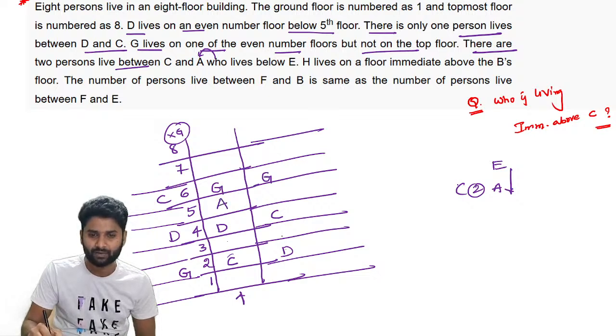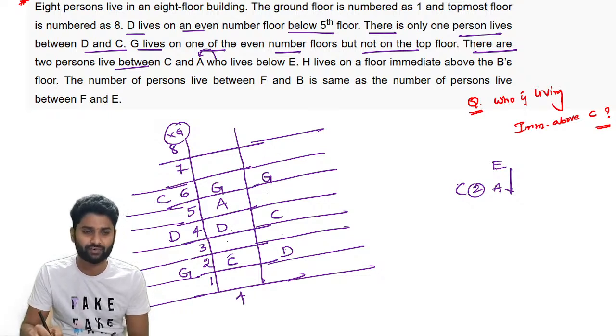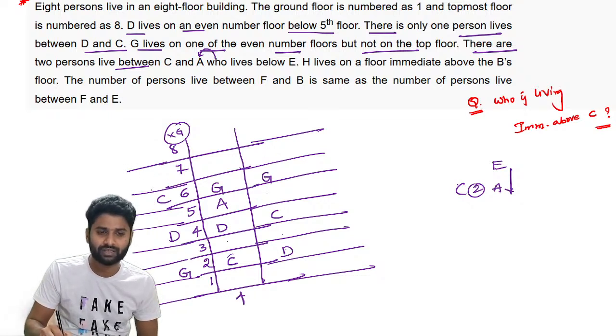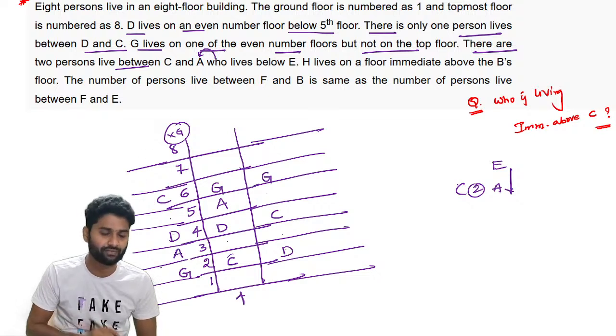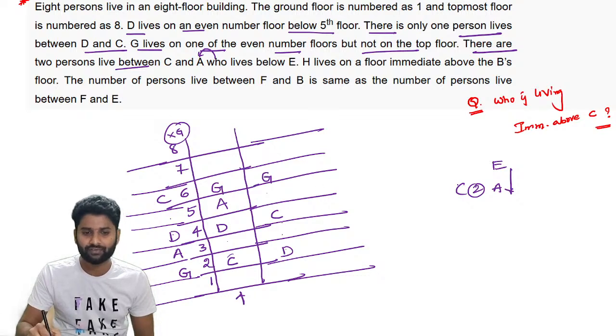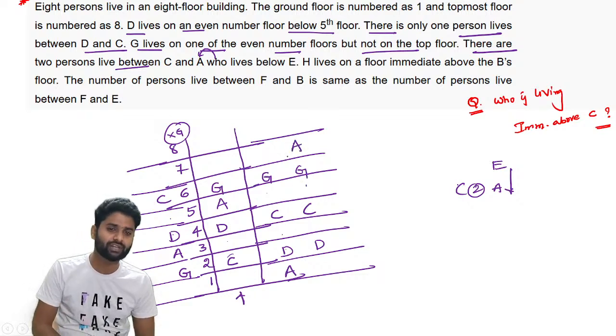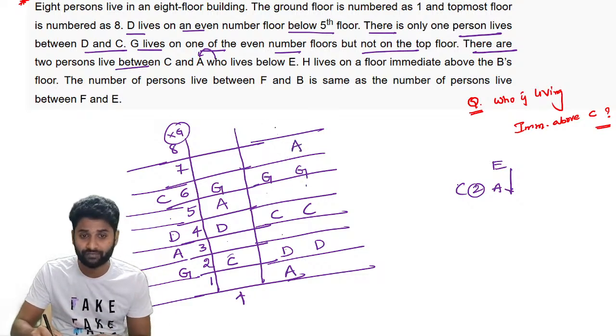Here C, 1, 2, A can be on the first floor, or 1, 2, A can be on the seventh floor. In this possibility, above C is not possible. Leave two floors, A must be on the third floor. So here if you are interested, A must be on the bottom floor, or leaving two floors, A must be on the seventh floor. In total you will get four different possibilities.